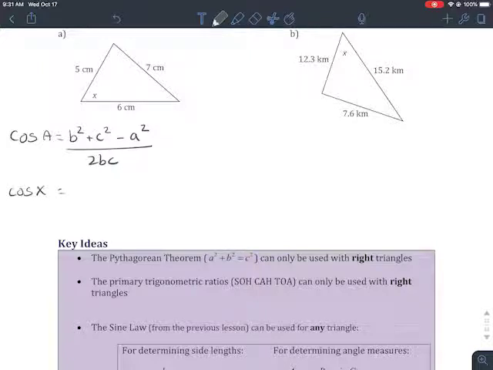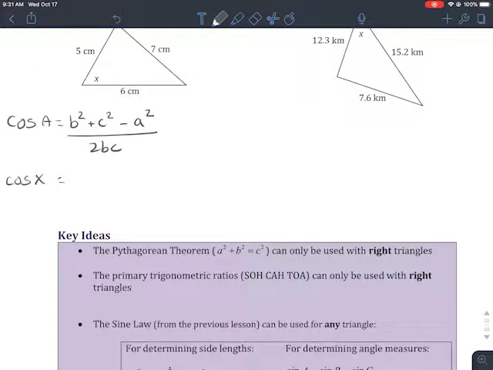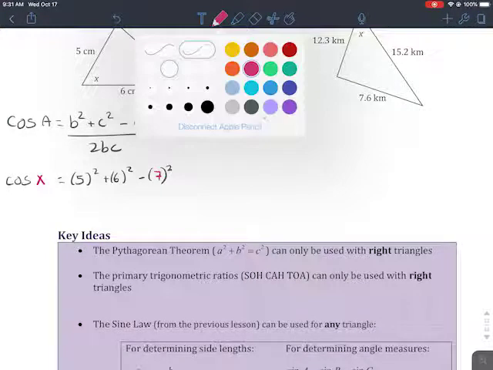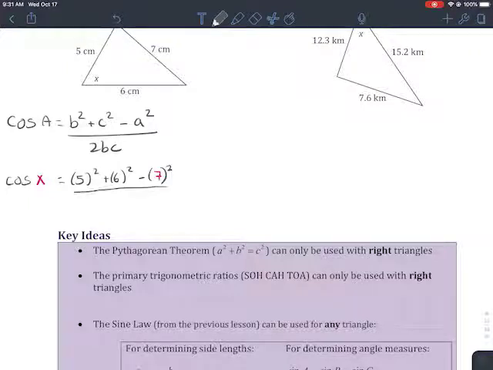Cosine of x is what I want to find. B squared and c squared are the two sides that are not opposite my angle. So in this case, that means it's 5 and 6 minus 7 squared, because 7 is the one that's opposite to the angle I want to find. So let's just make sure we color code those for now until we get used to this.